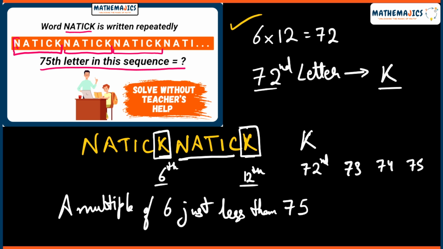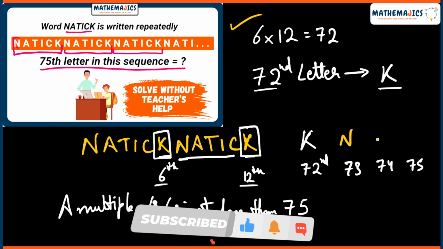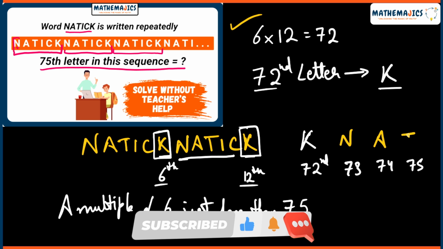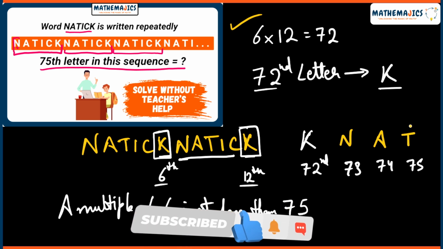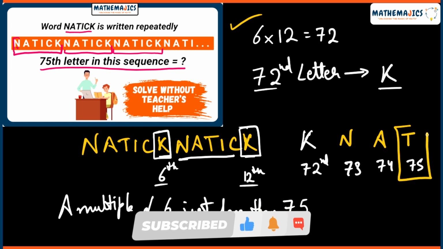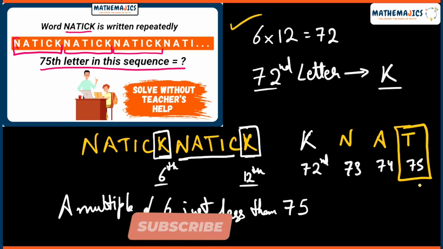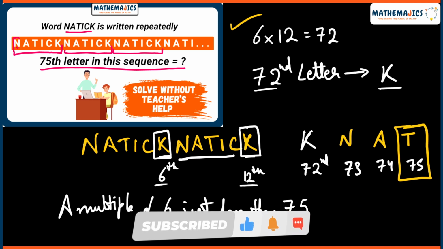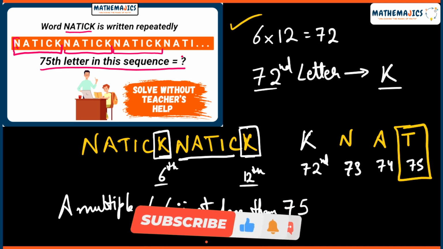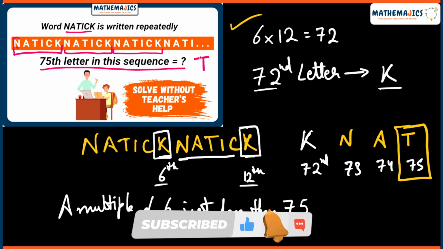So next will be N, A, T, correct? So our final answer, the 75th letter in the sequence, will be T. Let's write it down here. The 75th letter in the sequence is T.